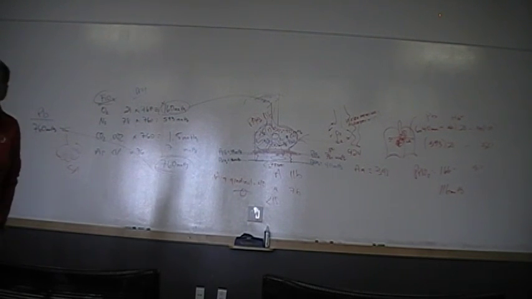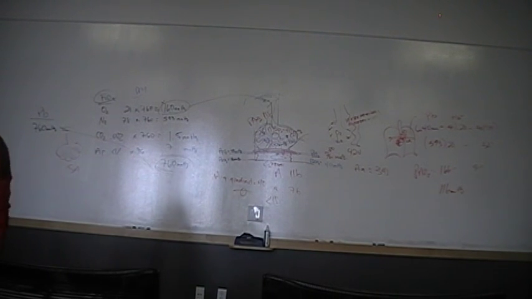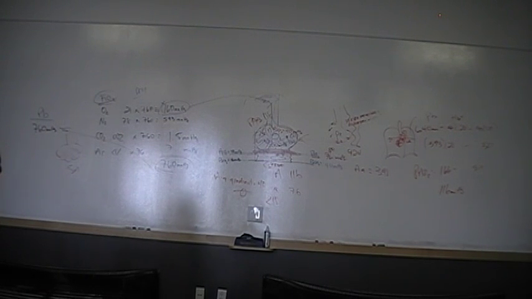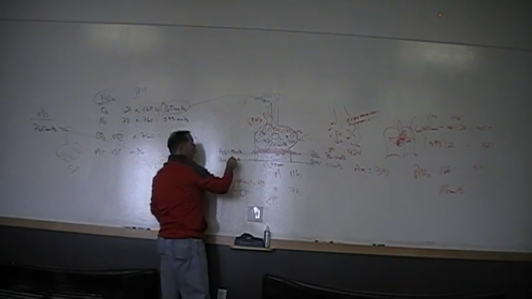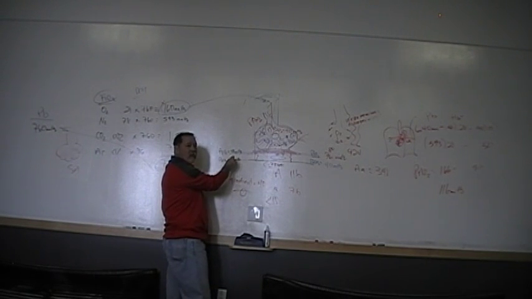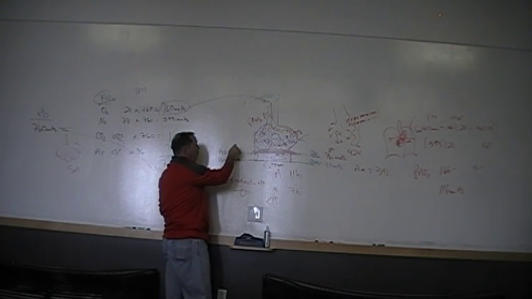If you think about Henry's law, Henry looks at the solubility coefficients, and on the bottom of page 193, it illustrates that the solubility of CO2 is 24 times that of oxygen. So at this point, we've got a partial pressure difference of 6 millimeters of mercury for CO2.